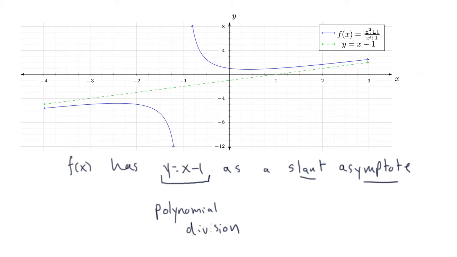Okay, so this is just an example, but hopefully it illustrates the idea of what a slant asymptote is. So it's just another way that even if we don't know a function has a horizontal asymptote, it may have a slant asymptote. So it's just another way to describe the end behavior of a function.